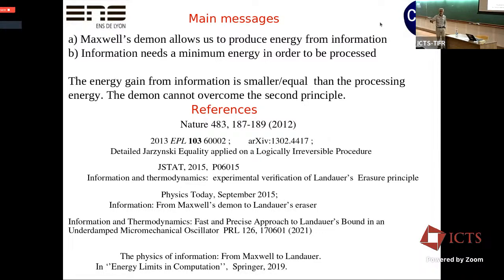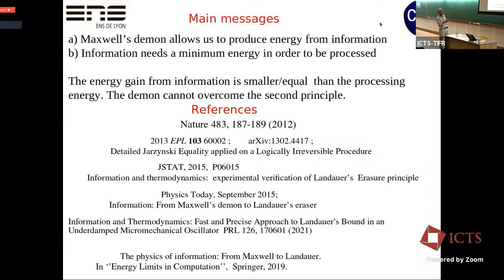So at a certain point, he has to erase his memory in order to start the process again. The important message that I already mentioned is that the energy gain from information is smaller than or equal to the processing energy.